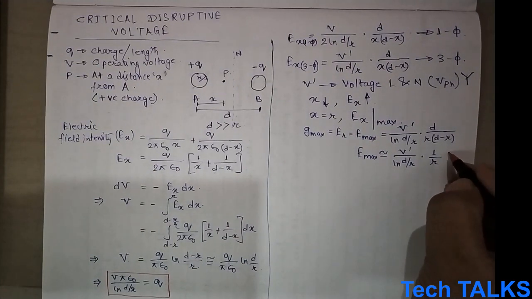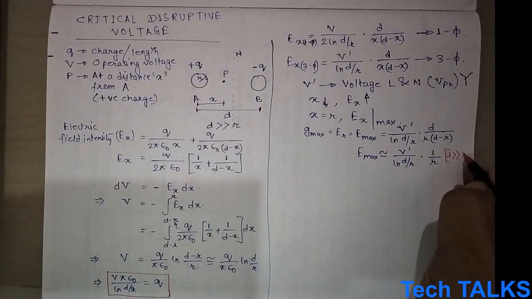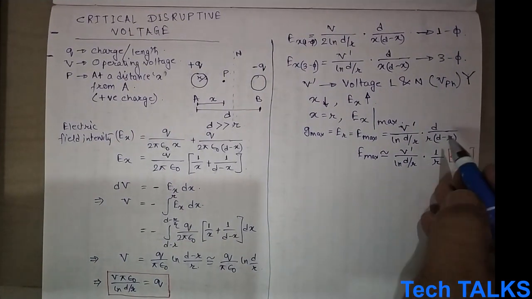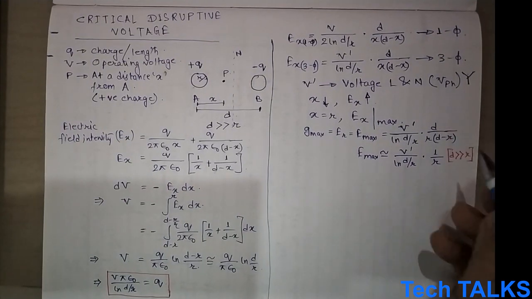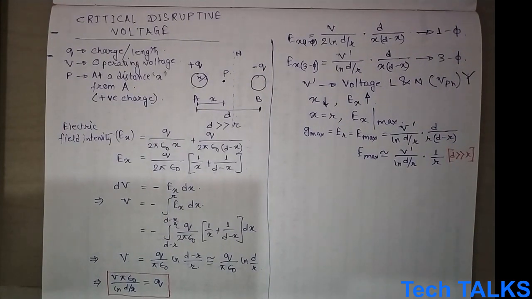Now this critical disruptive voltage is defined as the voltage at which complete disruption of the dielectric occurs.